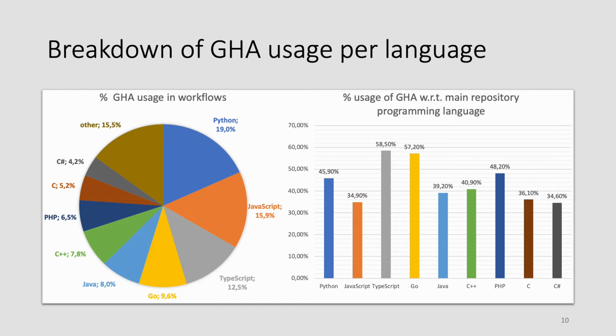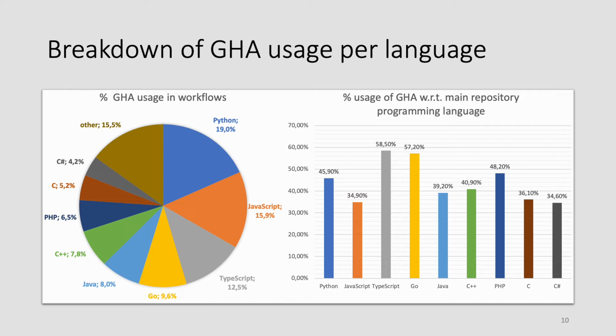As you can see on the left, the percentage of GHA usage in workflows with respect to language shows that Python is the most used language with GHA, followed by JavaScript and TypeScript. This distribution is very similar to the distribution of the most popular programming languages in the world.